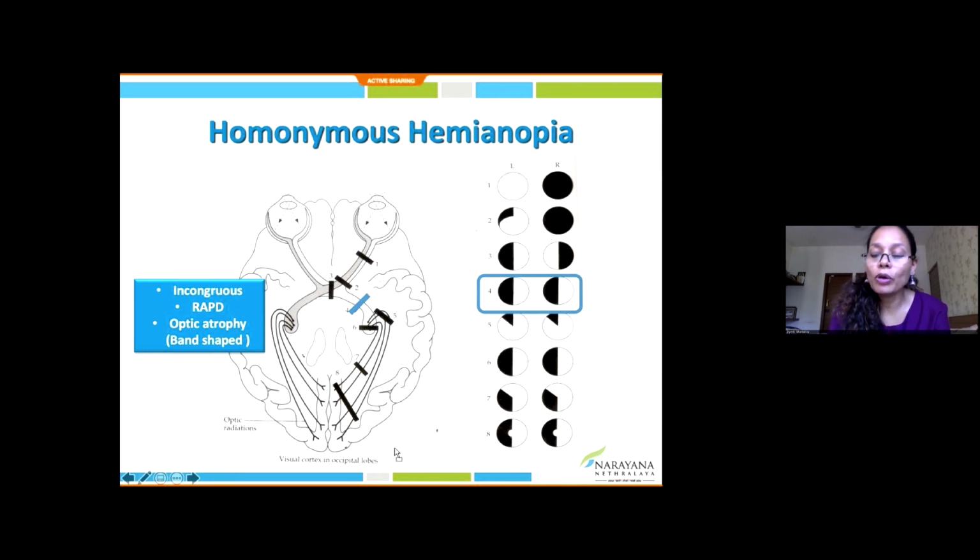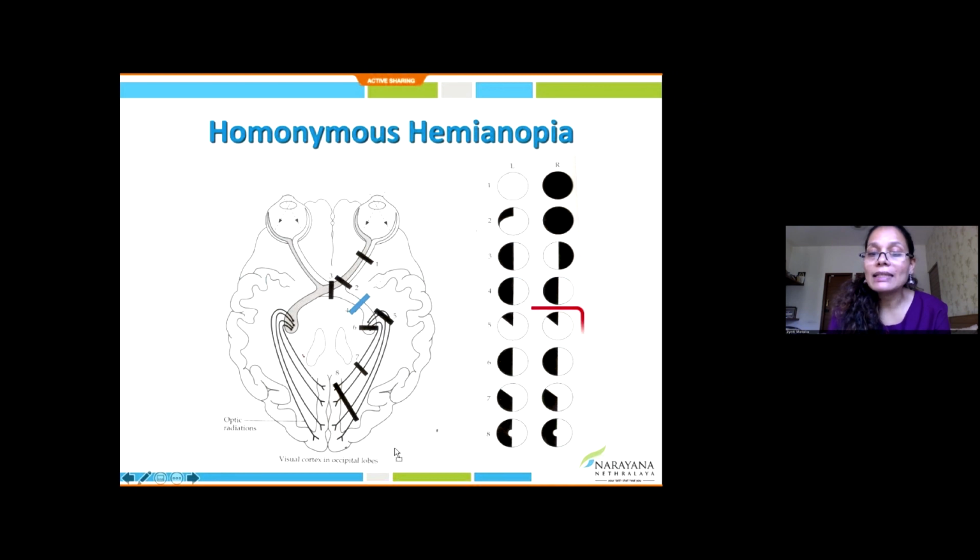Now let's move to number 5. As seen here, these are basically the Meyer's loop, which are inferior radiations which get affected, and classically a superior incomplete homonymous hemianopia develops. And number 7, as seen here, where you have basically an inferior quadrant anopia or a hemianopia which is incongruous because of the superior radiations.